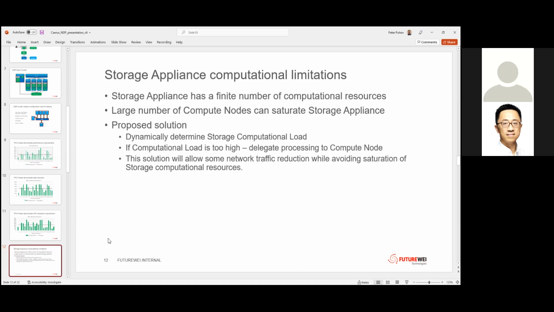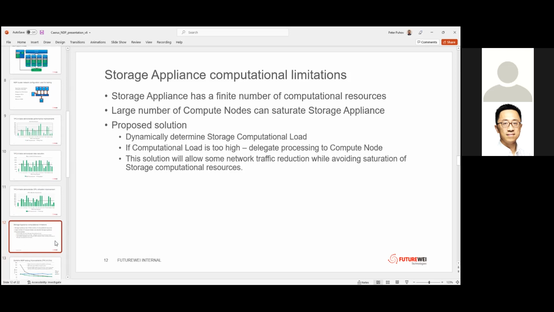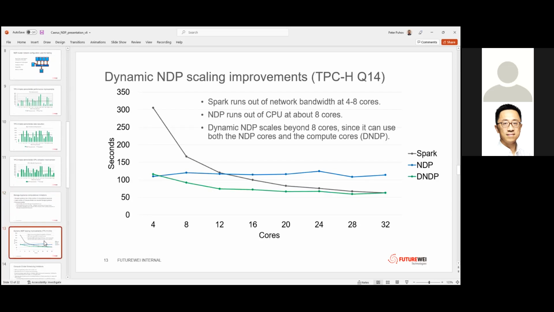We just delegate it there. We don't get improvements on the bandwidth, because it really performs the same way as vanilla Spark would, but we do not saturate the storage, and for whatever load storage can take, it will reduce the bandwidth. And the next graph will show you how that looks.